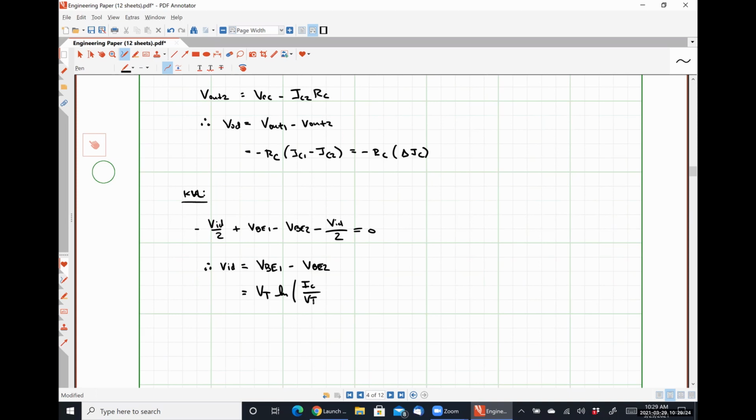Since I'm looking for VBE1, that's IC1 over IS. Sorry, I said over VT earlier. That's why I was getting a confused look, I bet.